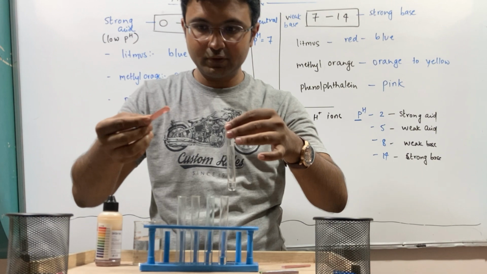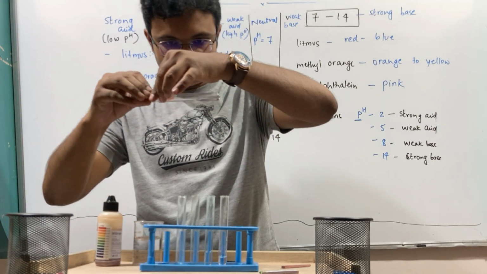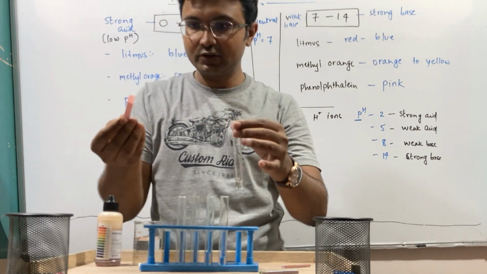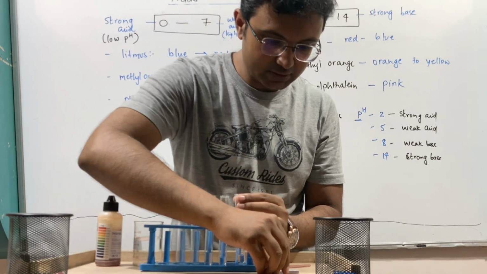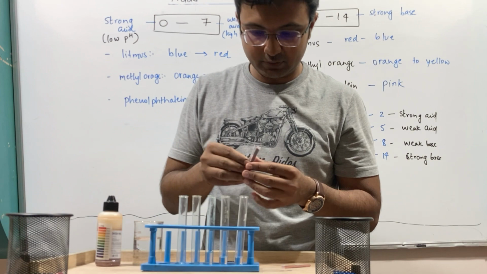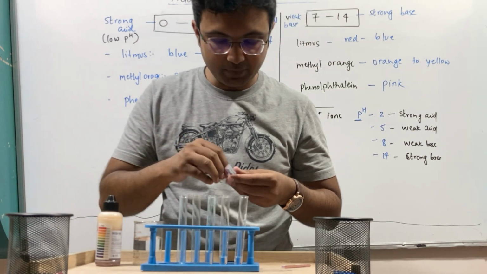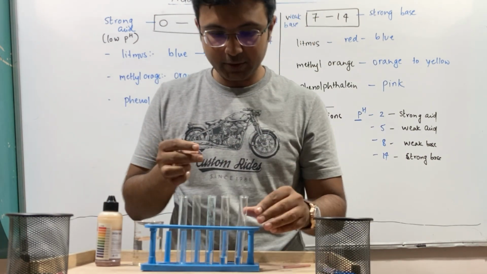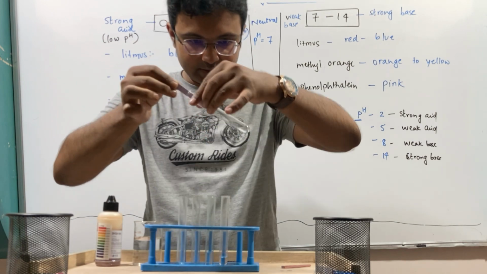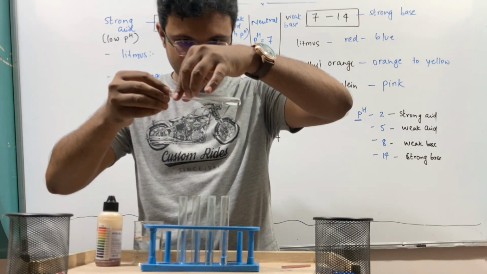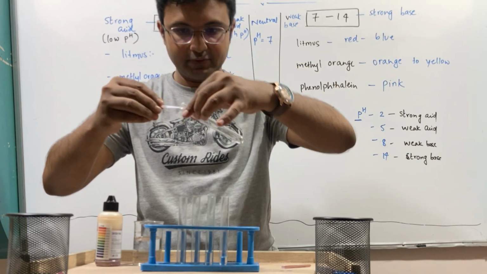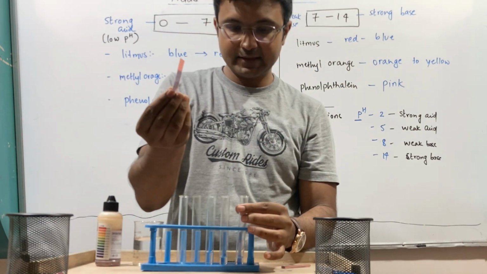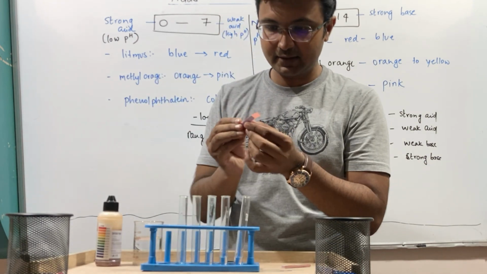If you see carefully here, there is no change in the color of the litmus, it is showing me just the red litmus. Now let me check the same solution with the blue litmus. If the color of the litmus changes to red, yes, it is acidic.